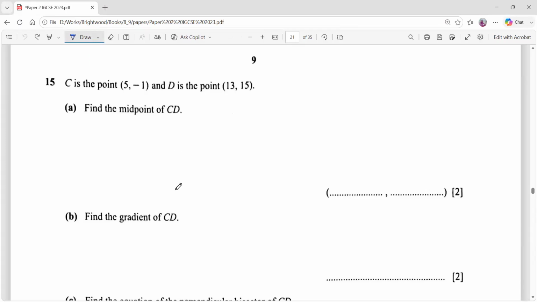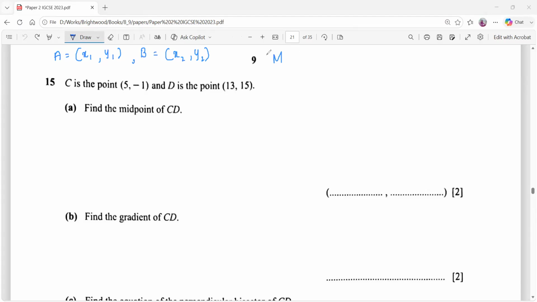If they are given two coordinates, the first coordinate is (x1, y1) and the second coordinate is (x2, y2). First of all, let me know what the midpoint is.